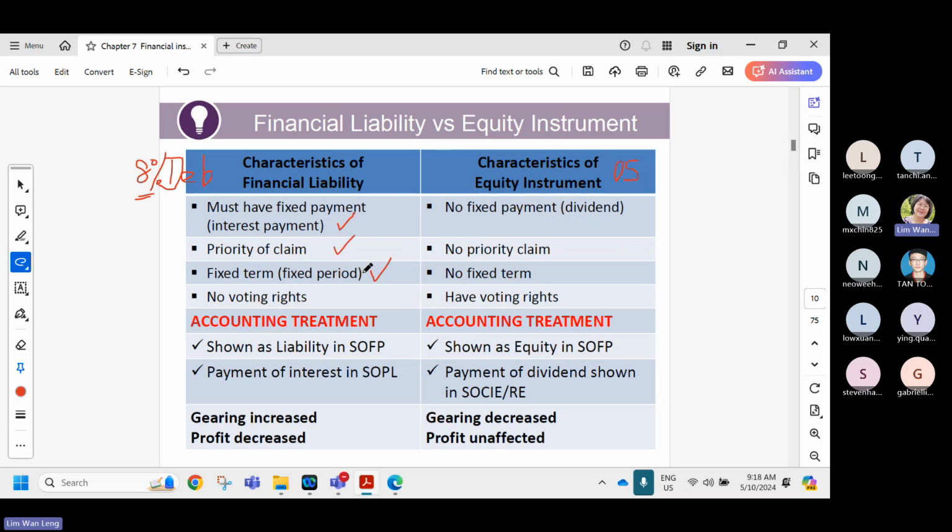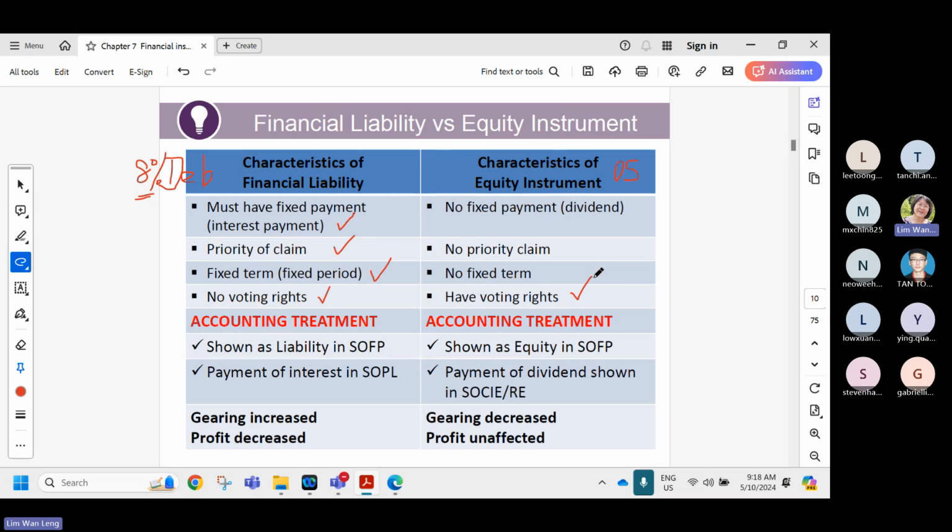And of course, we know that only ordinary shares have voting rights, which means that debentures do not have any voting rights. So we go back to the ordinary share characteristics. Ordinary shareholders will have voting rights.